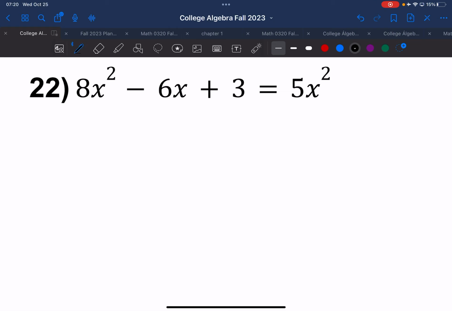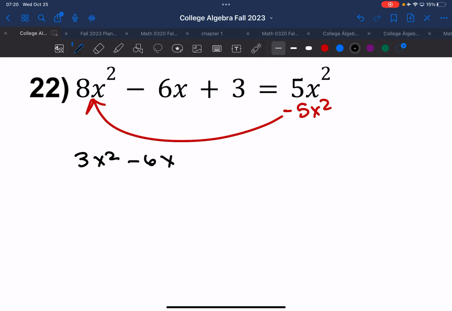No, what do we have to do to make it standard form? Good, subtract that 5x squared. Move it over to the left. So that means we have 8x squared minus 5x squared, which gives us 3x squared, and I'm bringing everything else down.